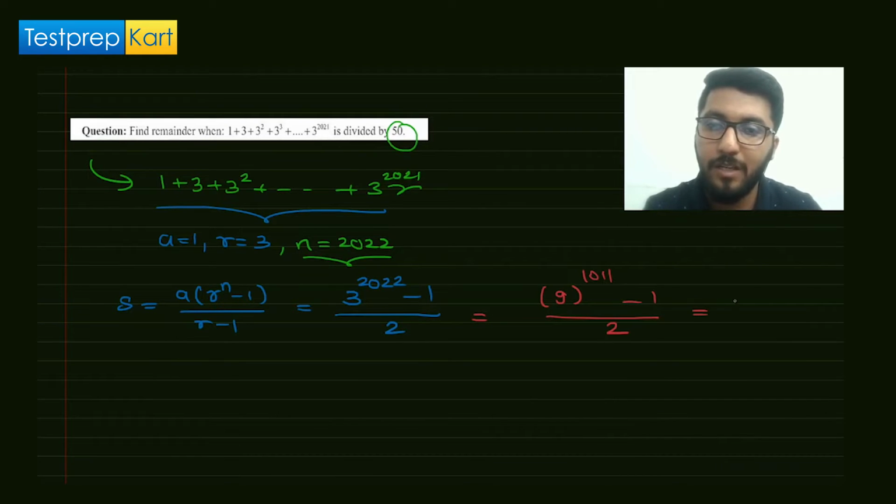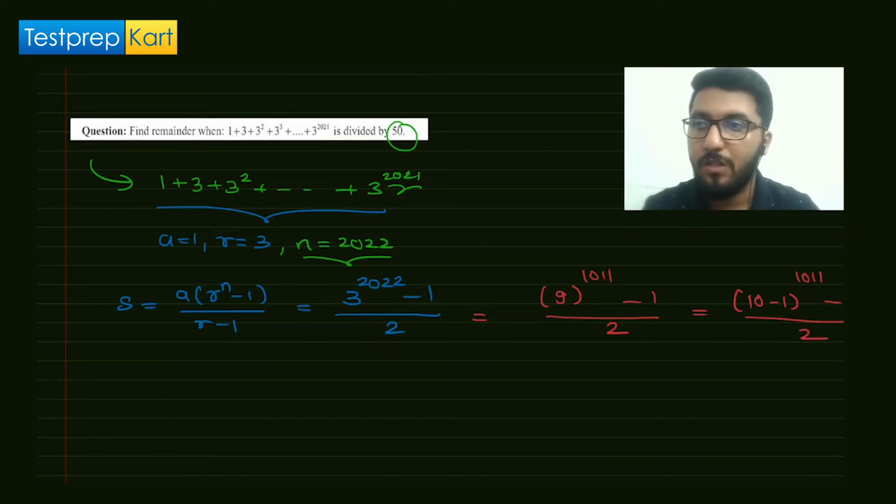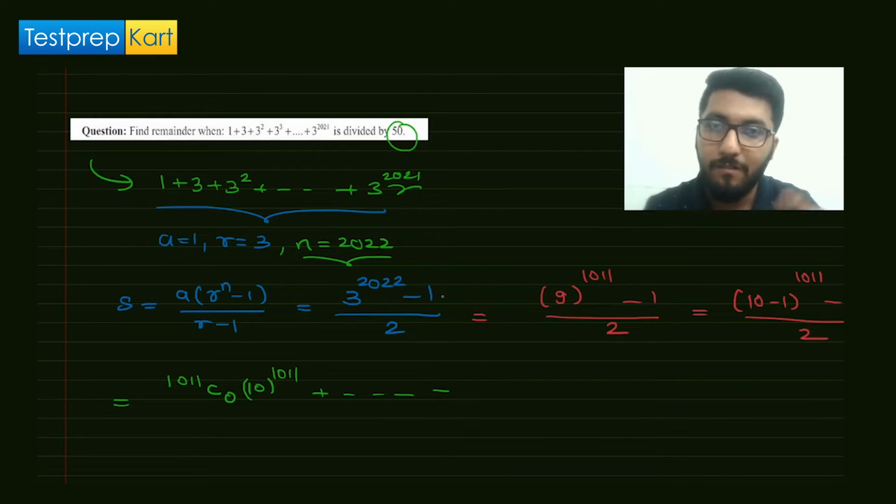Now 9 can be written as 10 minus 1 raised to power 1011, minus 1, divided by 2. So now 10 minus 1 raised to power 1011 will be what? 1011 C 0 times 10 raised to power 1011. Similarly, we will try to expand it, and we will have the third last term. Why I'm telling you that?